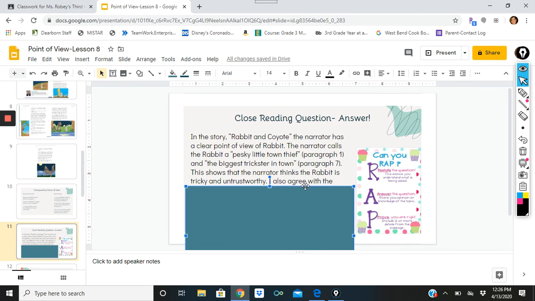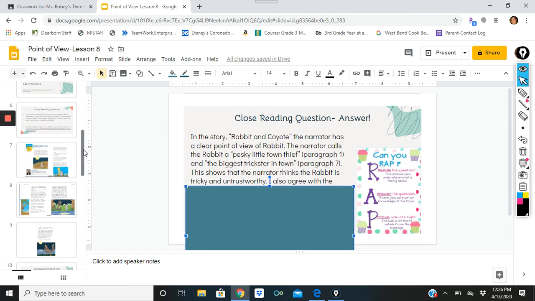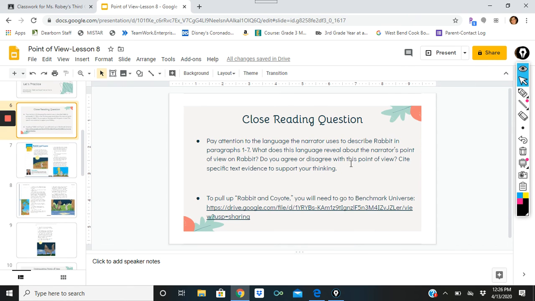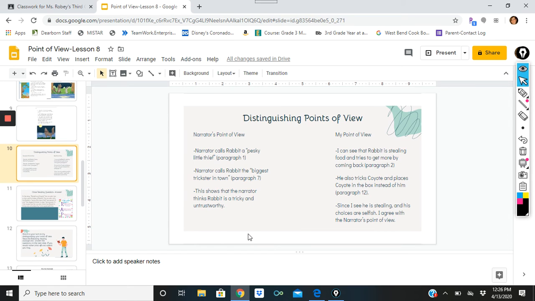All right, so let's talk about that second part of the question. Our second part of the question was, do you agree or disagree with this point of view? Remember, Miss Roby wrote down her thoughts, and this is something that you can easily do on a piece of paper. You don't have to have a fancy Google slide like I do, but you could write down your thoughts.